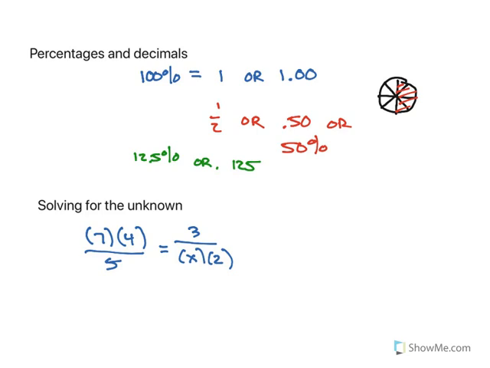So in looking at this equation, the very first thing that I want to do, in order to get the variable on one side of the equation, is I'm going to try to eliminate the fraction on the left-hand side. So I'm going to do that by multiplying both sides of the equation by 5 over 1, or 5.